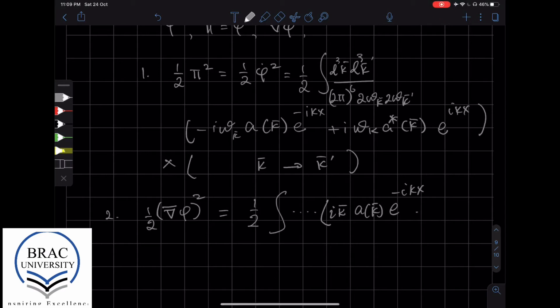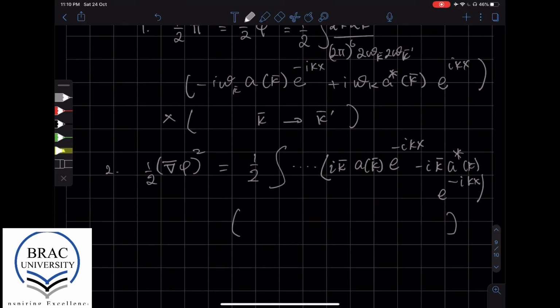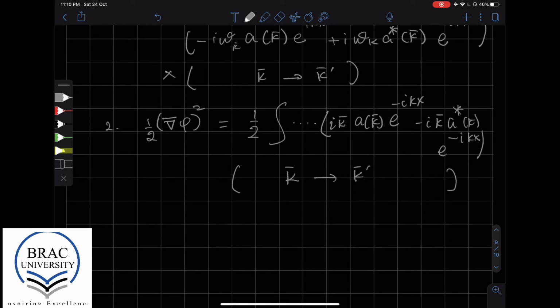Then we are going to have minus i k, and then a star of k times e to the plus i kx. And then the second term will be exactly the same thing, but instead of k, it'll be replaced by k prime. And then lastly, we have the mass term.